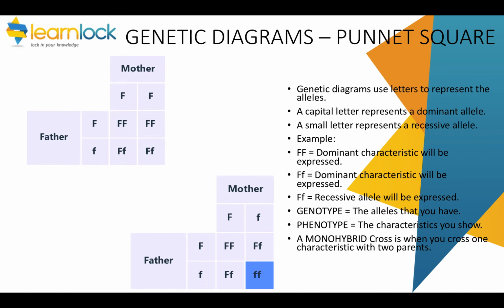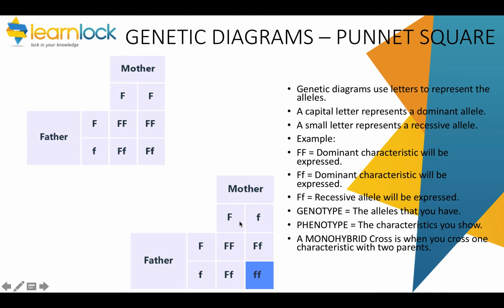Now in this case here, all of the offspring will actually have brown eyes because they're all going to have the large dominant capital F. Now there is a chance that the father will pass on the recessive smaller allele here, but this means because they've still got the dominant allele, they'll still have brown eyes, but they will carry the blue-eyed allele.